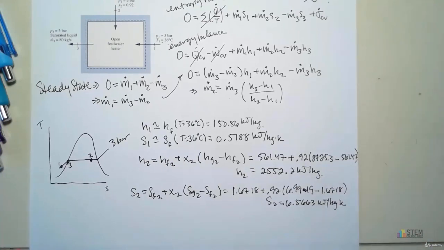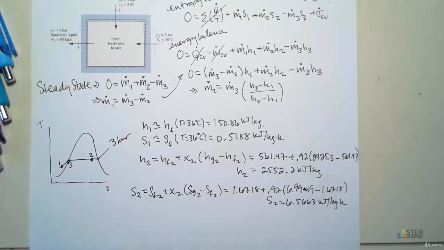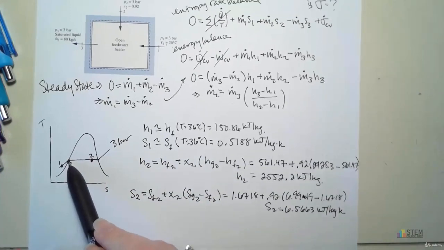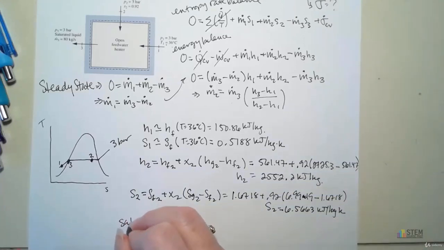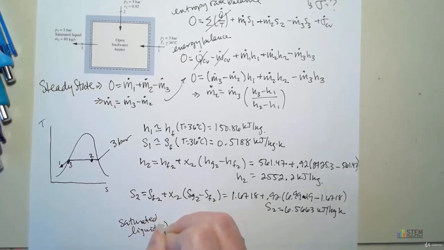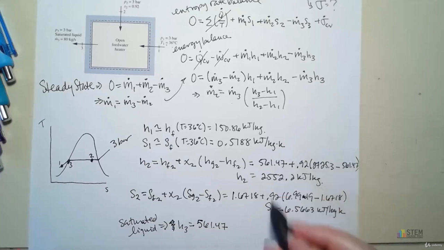Then finally, we get to state 3. State 3 is over here, it's saturated liquid. So that value is in the table. So here, for h3, you look it up, at a pressure of 3 bar, the f point is going to be 561.47, which we had before.